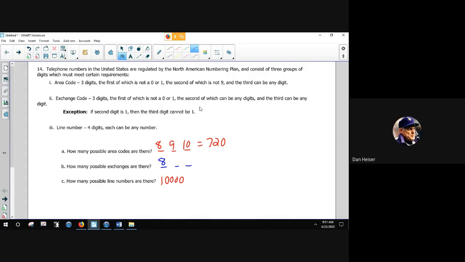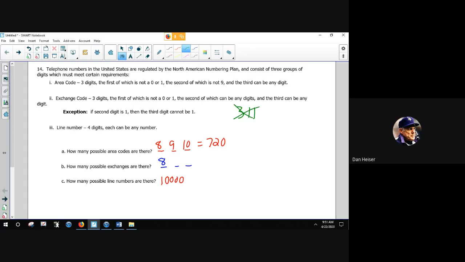Eight possibilities. The second can be any digit. The third can be any digit, but now for that exception. If the second digit is a 1, we cannot have the third digit also be a 1. So for instance, 311 is not allowed.